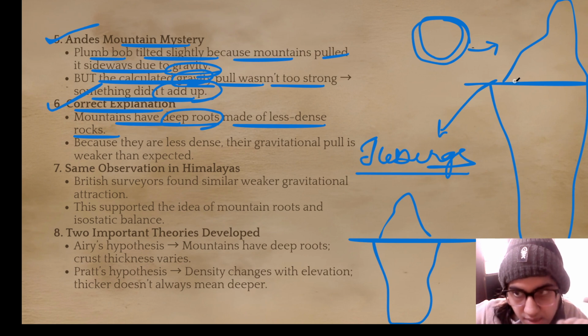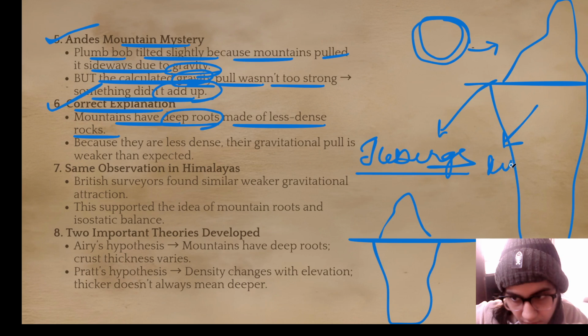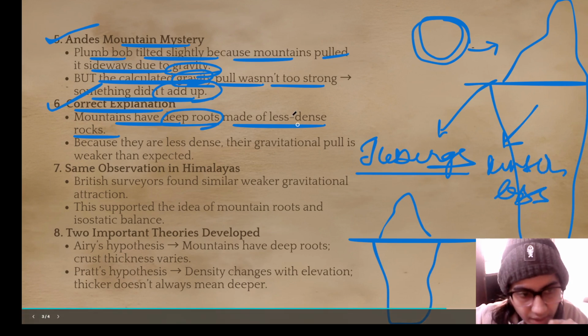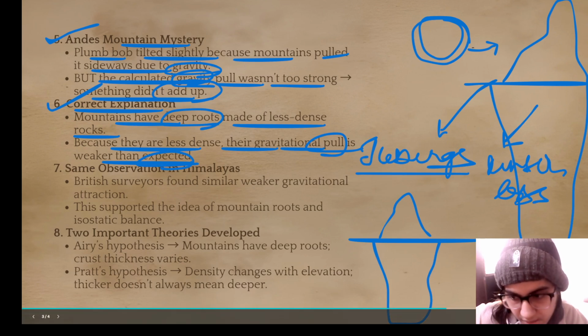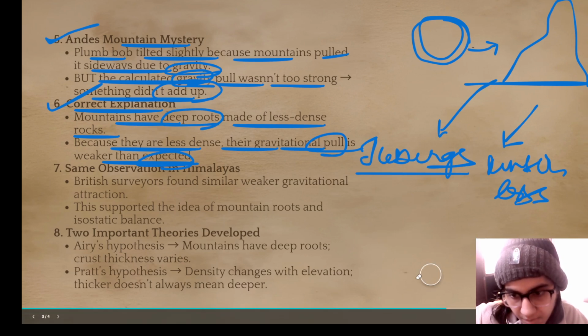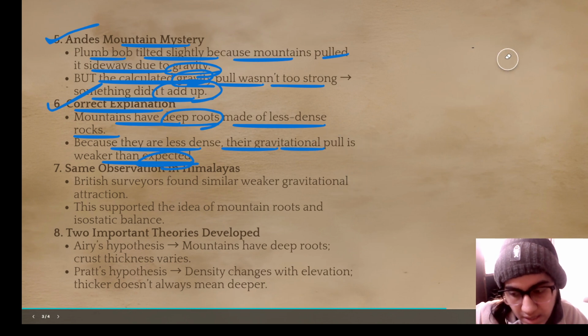But these roots are less dense, and because they are less dense, their gravitational pull is weaker than expected. So here we got the reason why that plumb bob experienced very little gravitation.